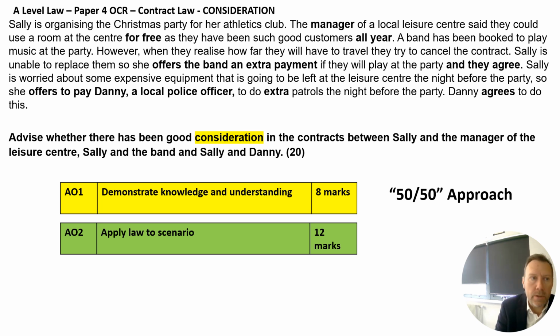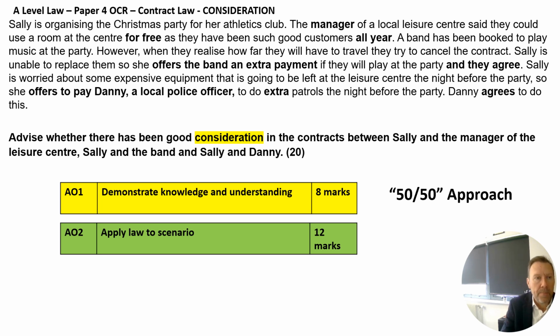If you're doing, for instance, a tort paper, you might be doing a question on Rylands versus Fletcher or nuisance, occupiers' liability or negligence, and they're all very structured in the sense that you might use what I call the bit by bit approach, where you say a bit of law and then you apply the relevant bit of application for the AO2, so that every bit of law that you quote you then apply.